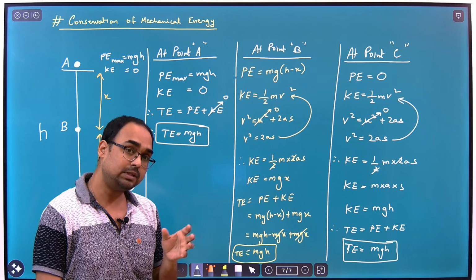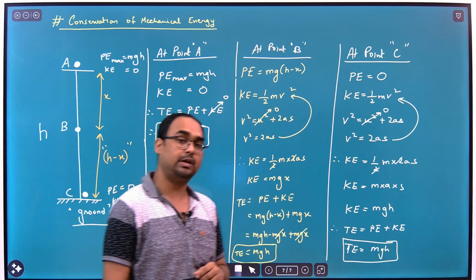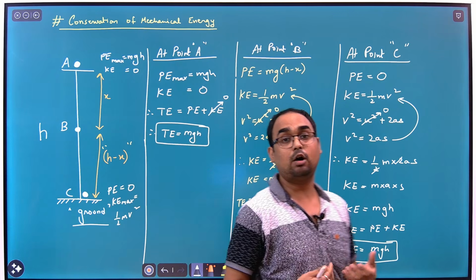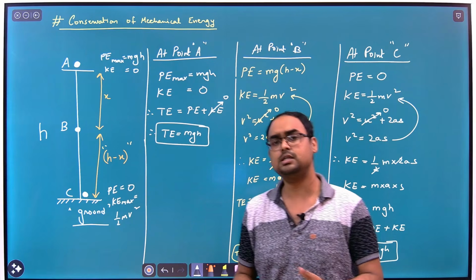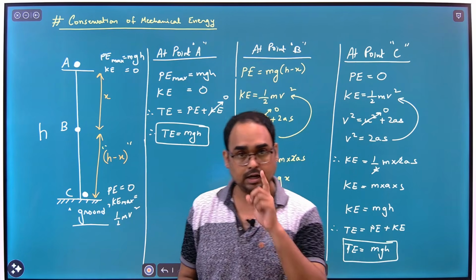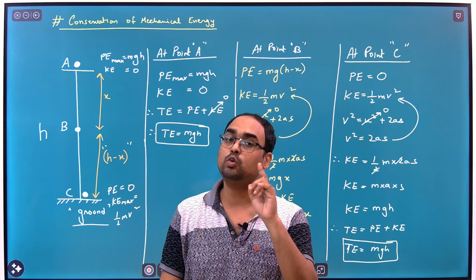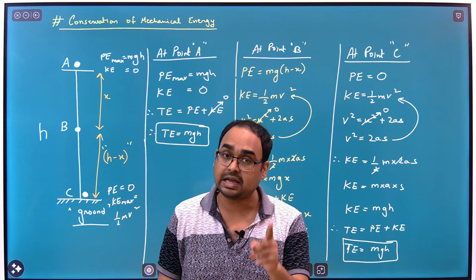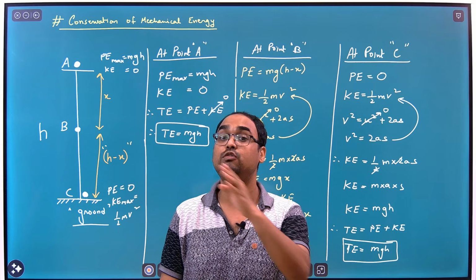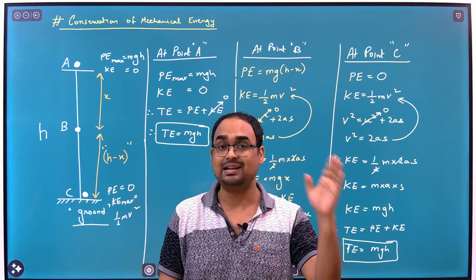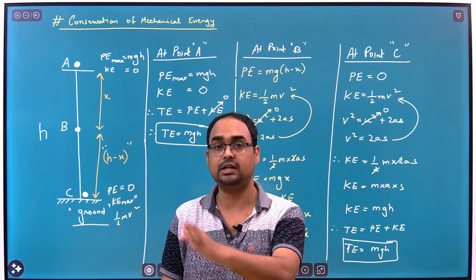Clear? Now, sometimes in school exams, they may ask what will happen after the object, or the stone or whatever, touches the ground. Remember, potential energy can only be converted to kinetic energy. And this kinetic energy then is converted to various other forms of energy like heat energy, light energy, sound energy.